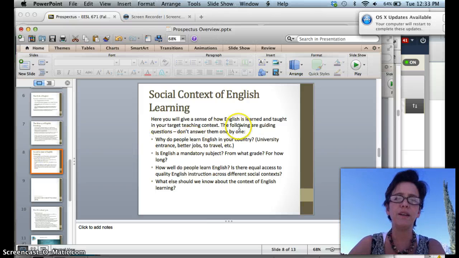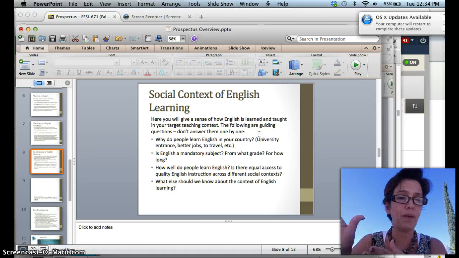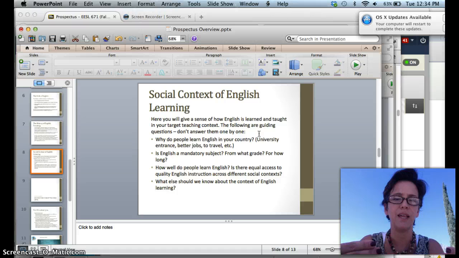And the social context of English learning will give a sense of how English is learned. So this is another subsection of the text: how English is learned and taught in your target teaching context. Later on, you'll talk more about the specific level, but this is more general, about language teaching in that society. Why do people learn English?